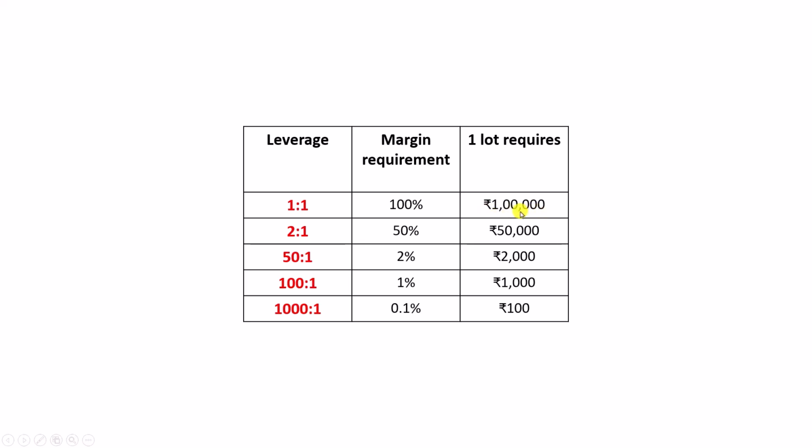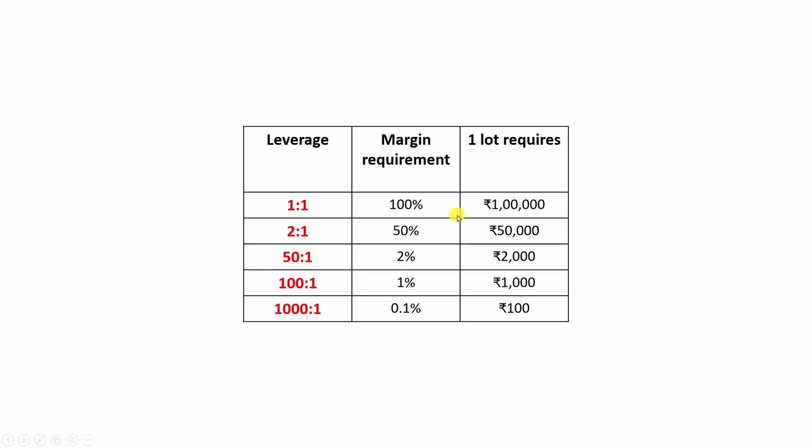Now, if your broker does not offer you any leverage, or if this is the leverage, then the margin requirement is 100%, meaning you need to have this much rupees in your account to buy one lot.